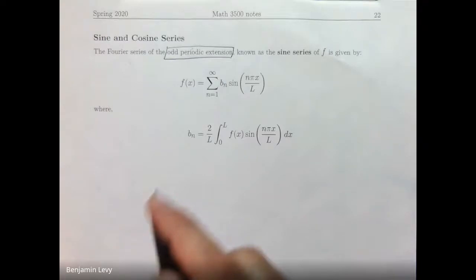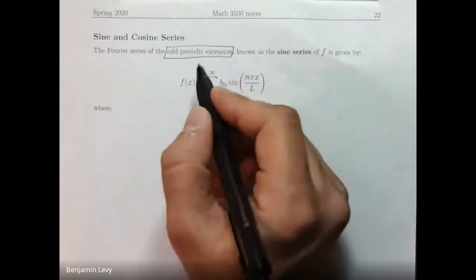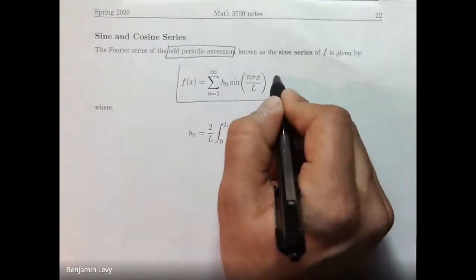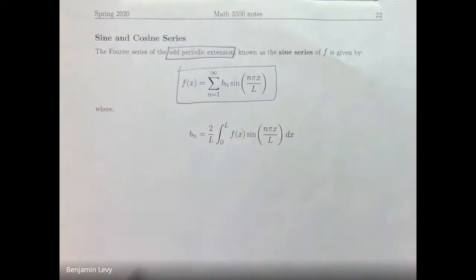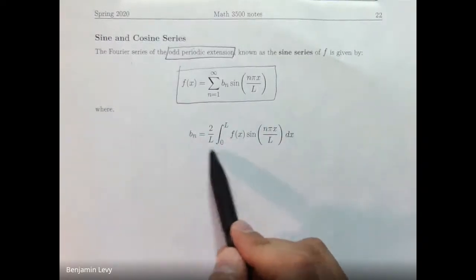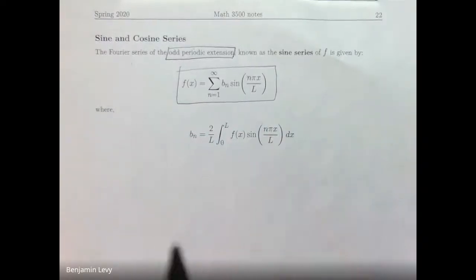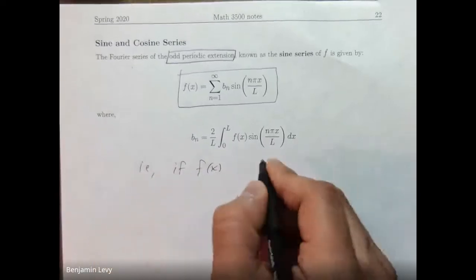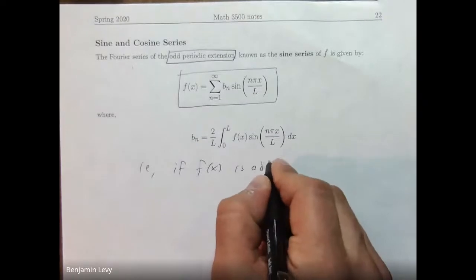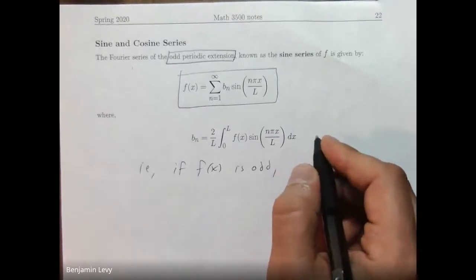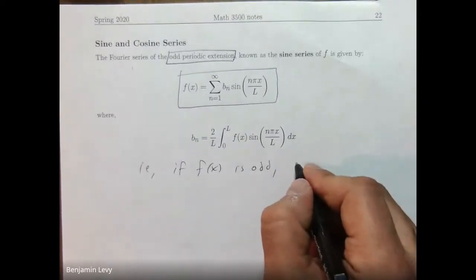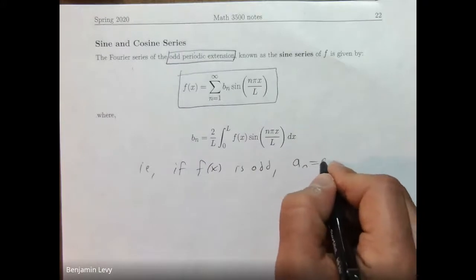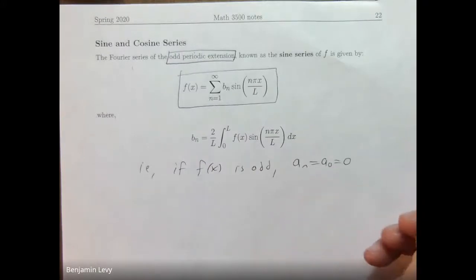Anytime we have an odd function, this is going to end up being the Fourier series, where B_n is the integral we already know. In other words, if the function that you're approximating is odd, A_n and A_0 are both going to be 0.